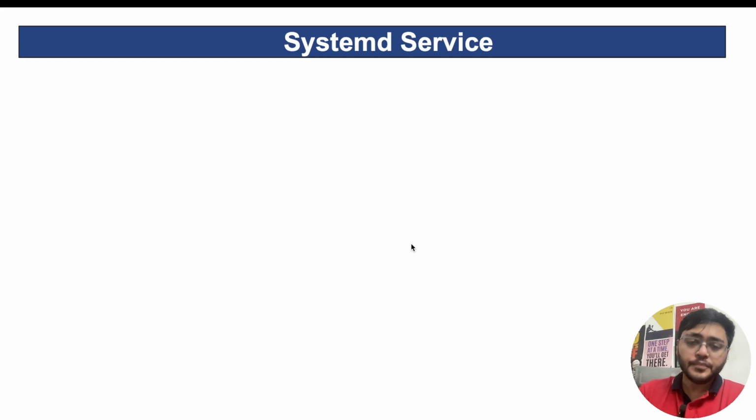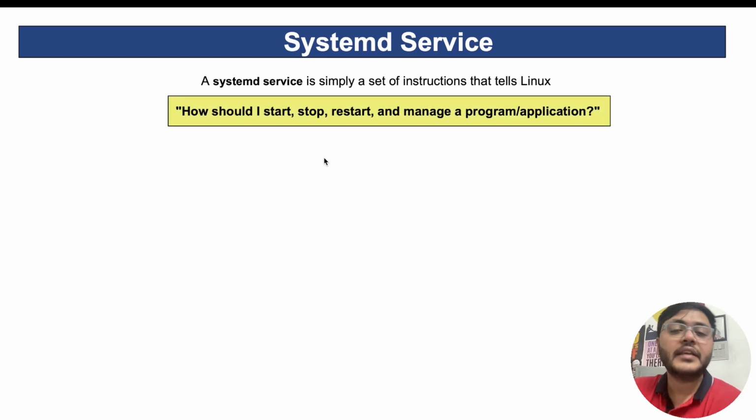Let's see what exactly a systemd service is and why it is needed. A systemd service is simply a set of instructions that tells Linux how to start, stop, restart and manage a program or application, like when you use systemctl start or stop with a service name.